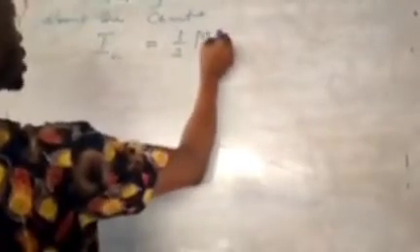Taking the moment of inertia about the center, the moment of inertia about the center of gravity will simply be equal to 1 upon 2 mr squared.